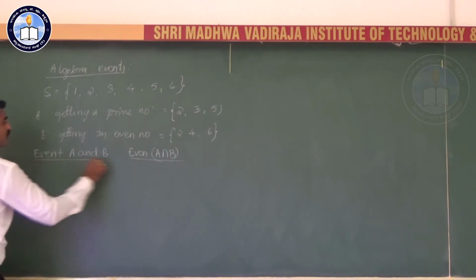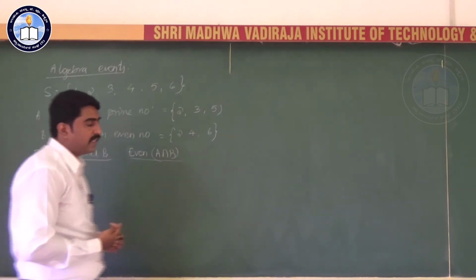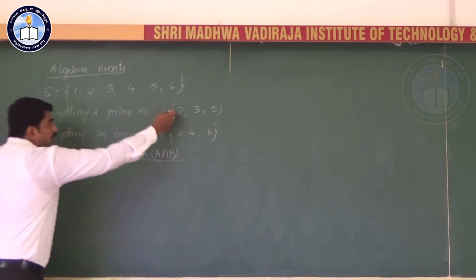So, how to find out the event A and B and how to find out its probability? Let me explain. Event A and B is nothing but, what is the common outcome?